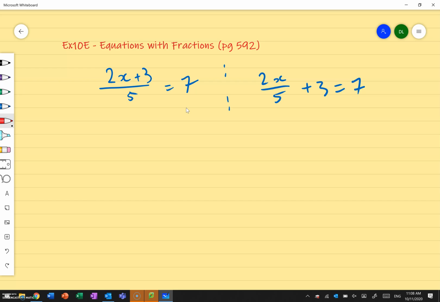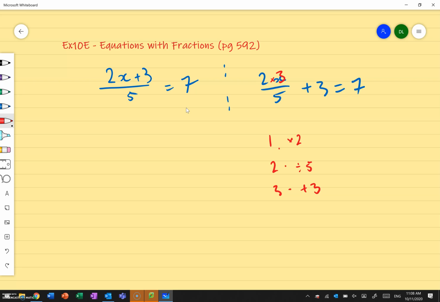Normally, like I said earlier, if I put a number there, you know that you need to times by 2 first, and then you divide by 5, and then you plus 3. So what we do with equivalent equations is we do the opposite. To make an equivalent equation, we go opposite.